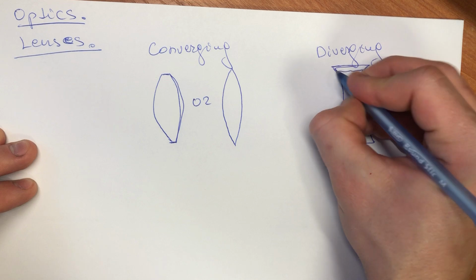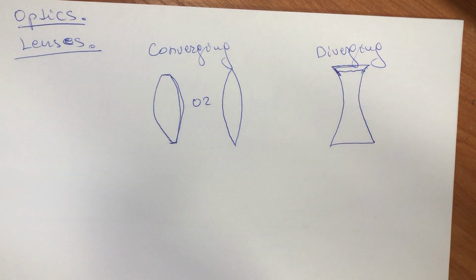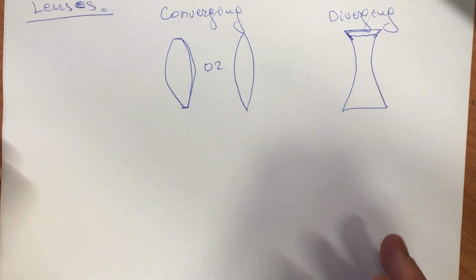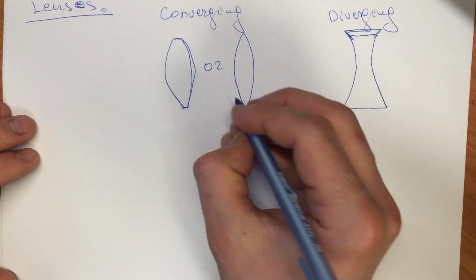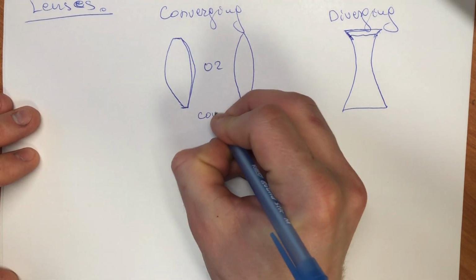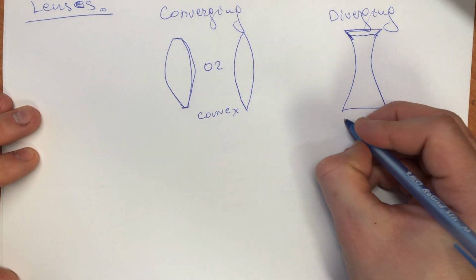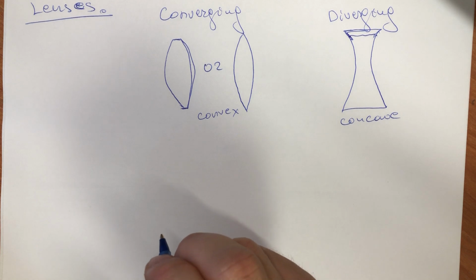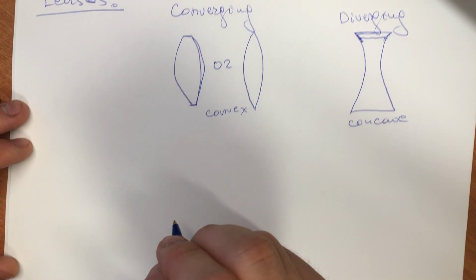Should be usually symmetric. And for the image formation by converging lens, this lens is convex, this is concave. I think these words are mixed in your concepts, but here they are right.